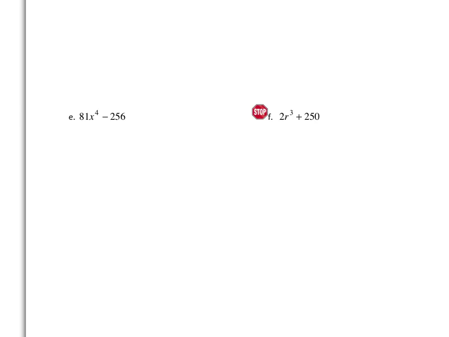So you can break this down just like we did with the cubes. You'd have 9x squared times 9x squared, and then 256 is 16 times 16. So difference of two squares, remember it's a plus b times a minus b.